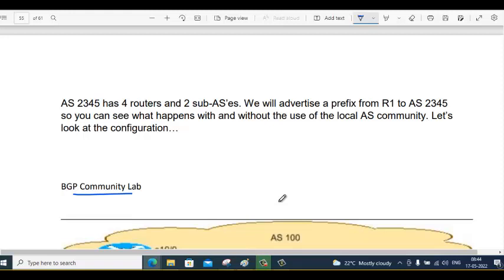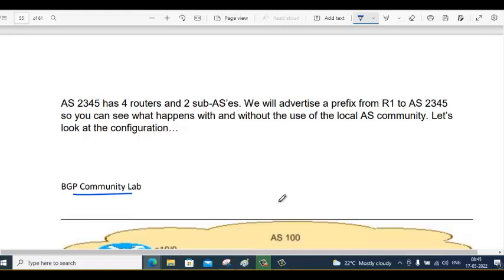Configuration is a totally different topic. It's not related to this, but anyway, what is it? Creating sub-autonomous systems inside one autonomous system. Why? To avoid full mesh. To avoid full mesh, what we do? We create route reflectors.